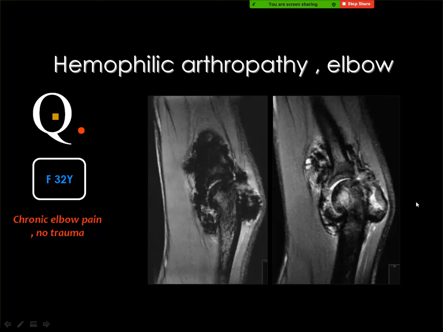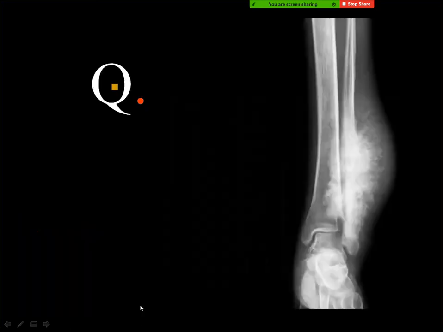In pigmented villonodular synovitis, the lesions will enhance, but in hemophilic arthropathy, the lesions will not enhance. This is for the differential diagnosis between hemophilic arthropathy and pigmented villonodular synovitis.